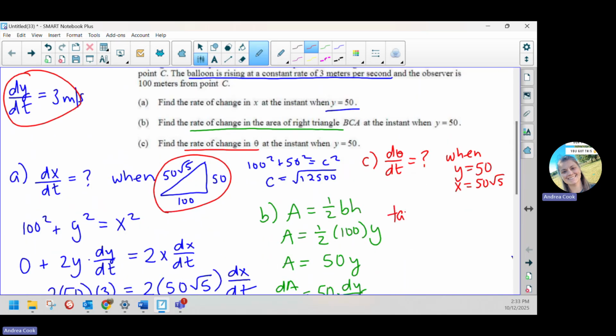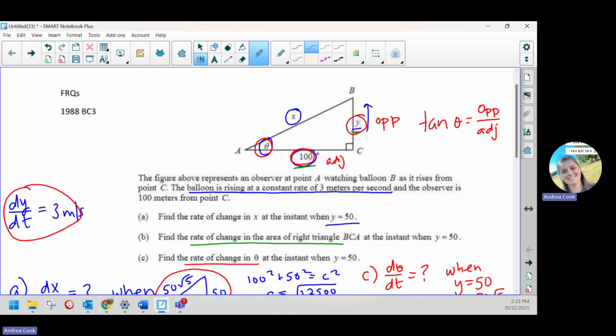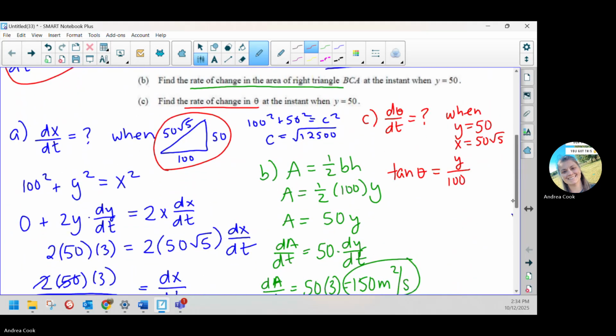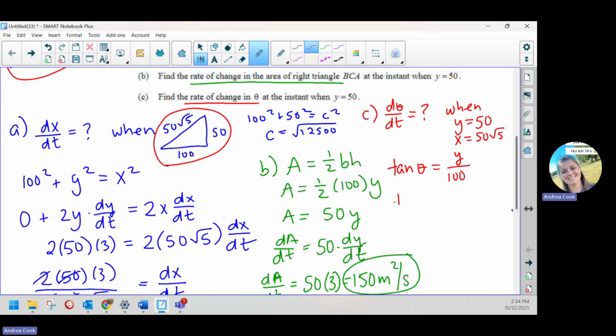I'm going to have tangent of theta equals opposite, which was y, over adjacent, which is 100. And then I always like to rewrite this as a fraction of 1 over 100 times y. Just makes finding the derivative a little bit easier.